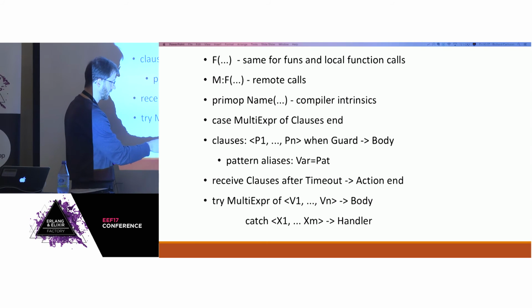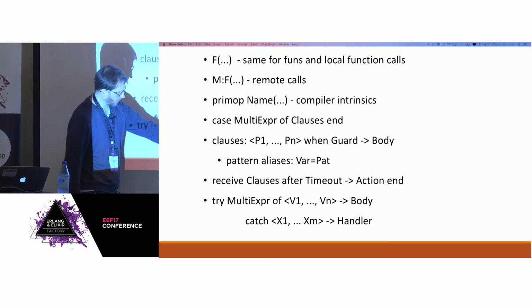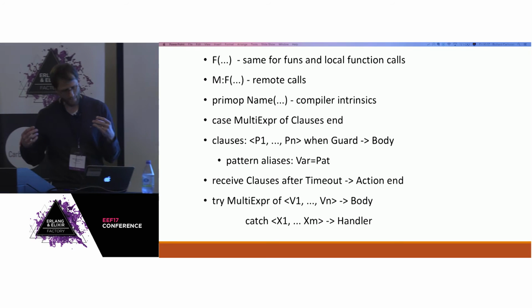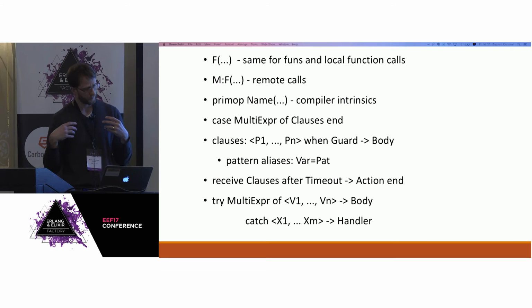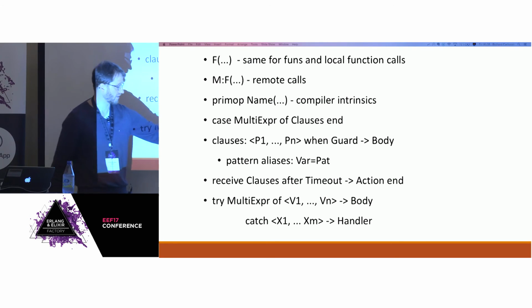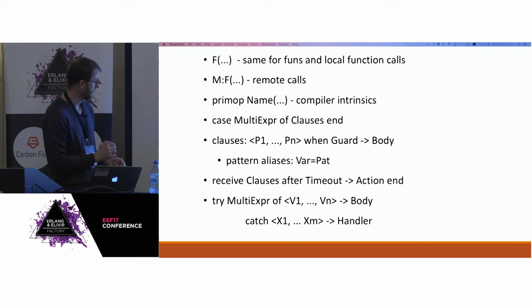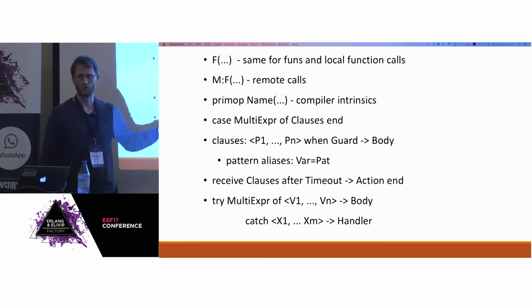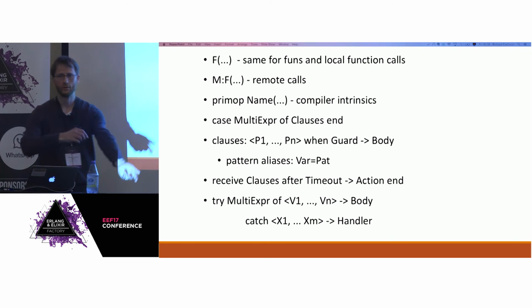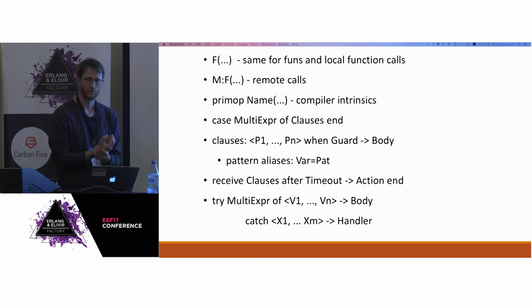If it doesn't work, then forget whatever it produced and you'll get some exception information in one or more variables that get bound to these variables here, and you enter the exception handler code instead. And exactly what these mean is also implementation dependent. So that's an implementation detail of the Beam compiler. The core language doesn't specify.